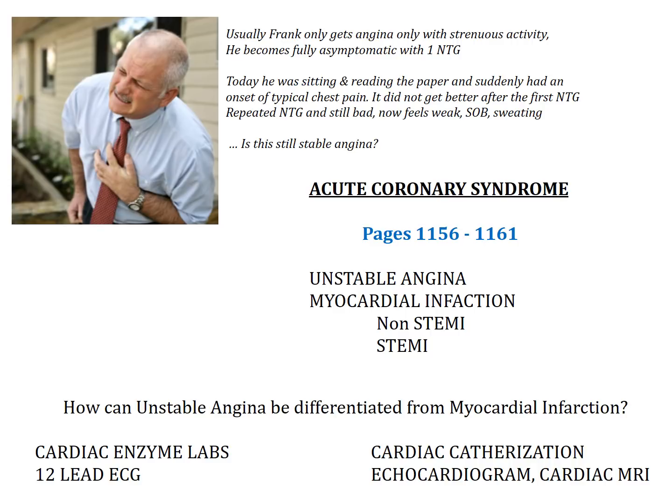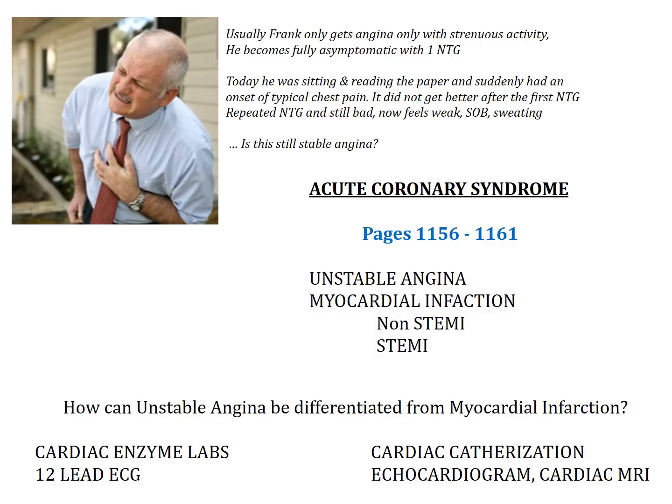Should we still label Frank as having stable angina? Absolutely not, right? His angina came on at rest. It wasn't predictable, and his angina is no longer manageable. The simple intervention that he was doing is no longer working. In fact, it's getting worse. So now we're going to say Frank has acute coronary syndrome, and now we have to differentiate this as unstable angina versus an actual MI.